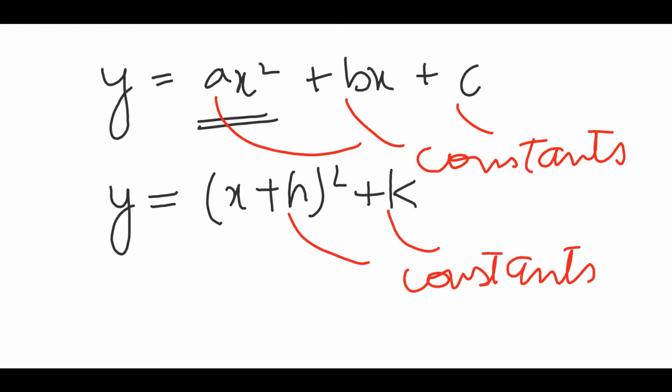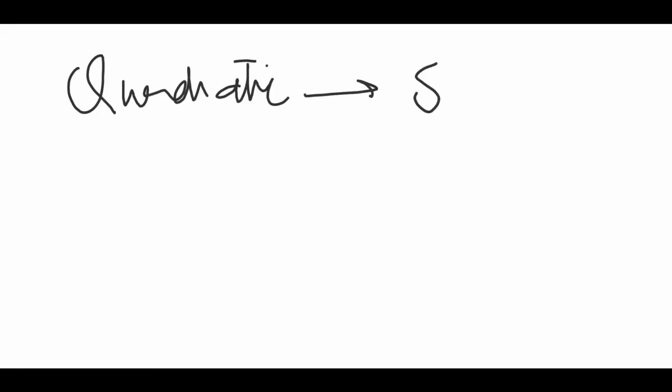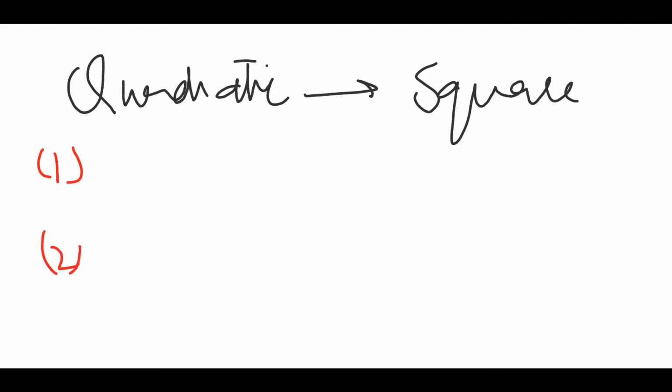Now, moving towards our first topic, that is how to convert a quadratic equation to the completed square form. So there are two very basic steps about how we move towards a completed square form from a quadratic equation.